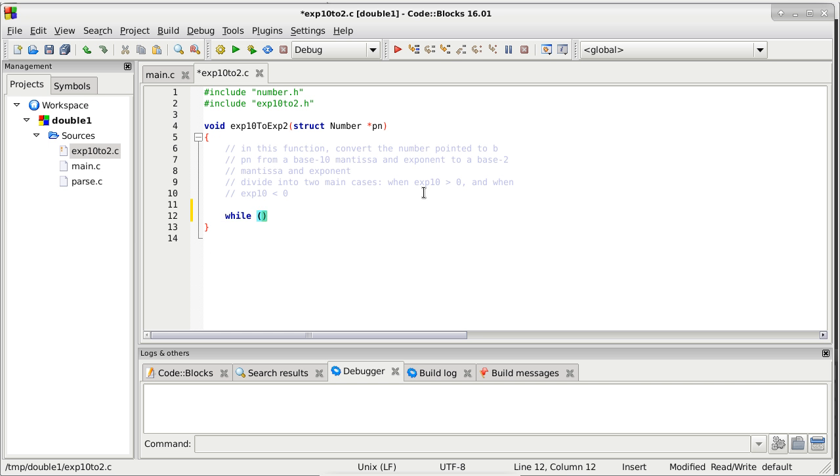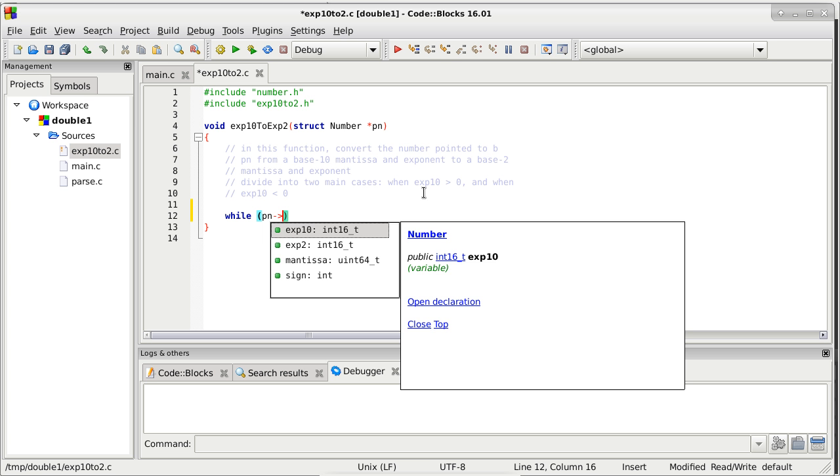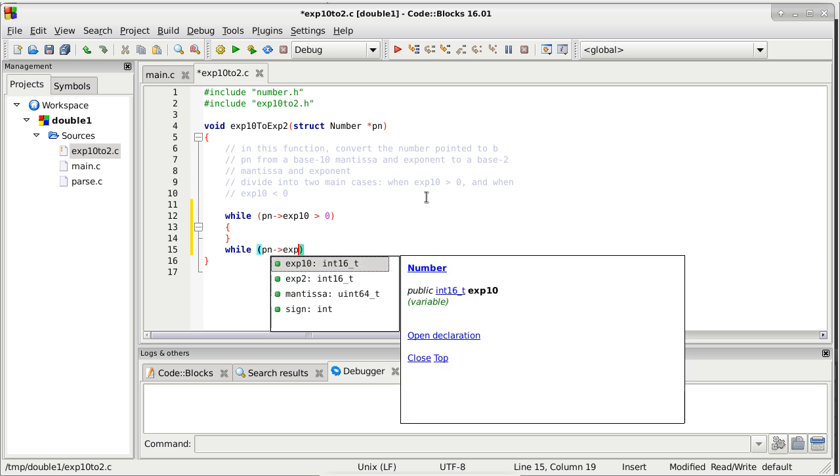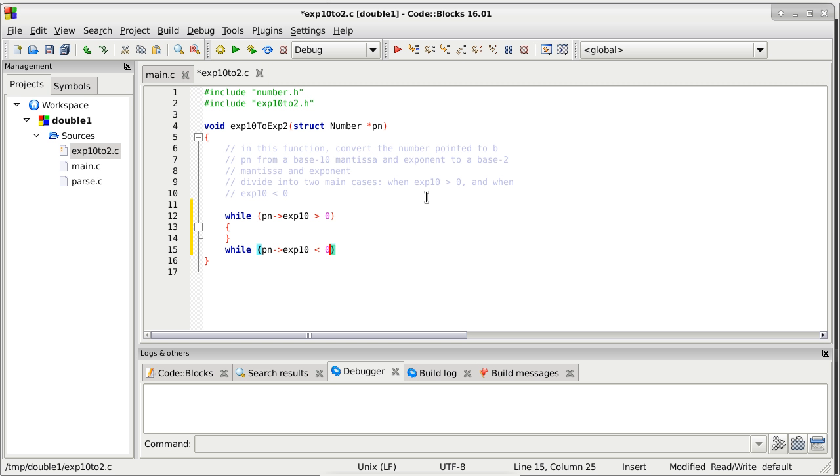So the first thing is, as long as pn->exp10 is greater than 0, I'm going to stick in this loop here. And I can almost write the other one at the same time, which is kind of the opposite. As long as the exponent of 10 is negative, stay in the loop.